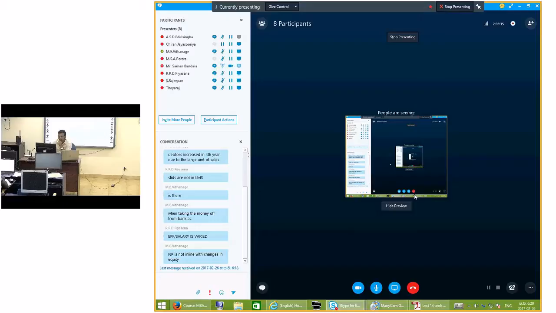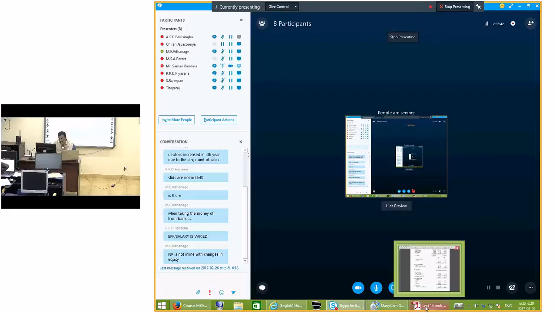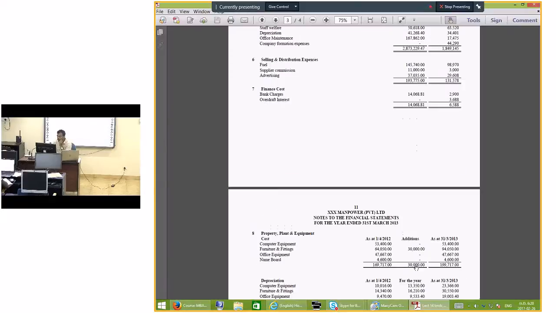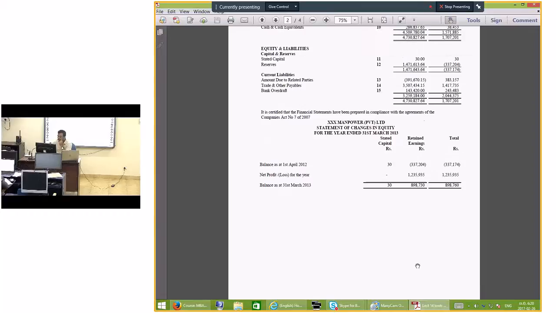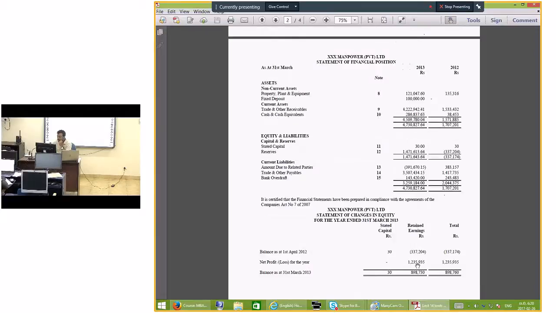Yes, it's true. Net profit is not in line with changes in equity. It's also true. Yes, it's correct. There is a net profit problem. Look, the net profit is not in line with the statement of changes in equity. Net profit is 1.235 million.